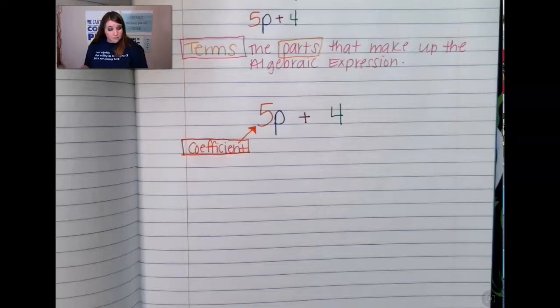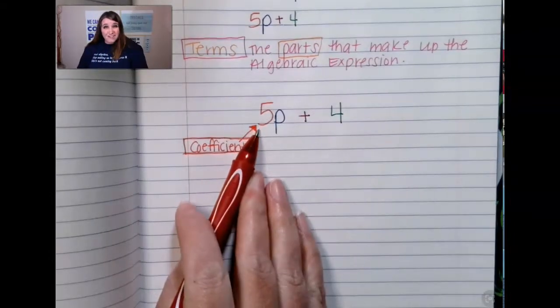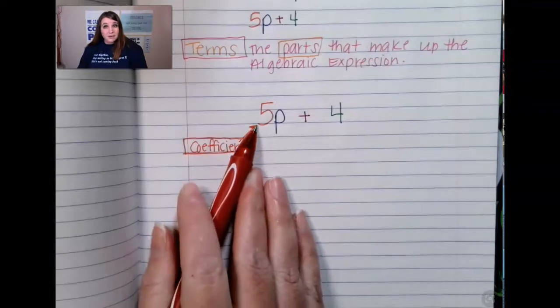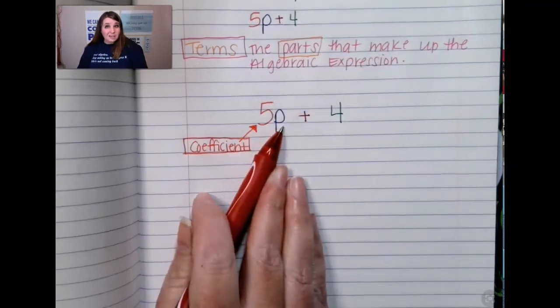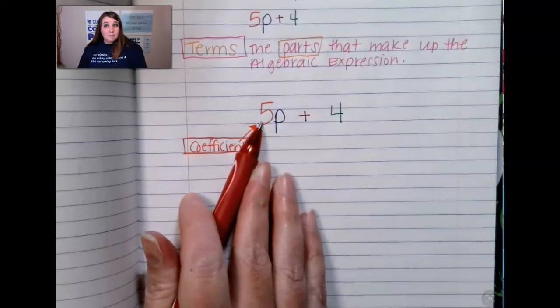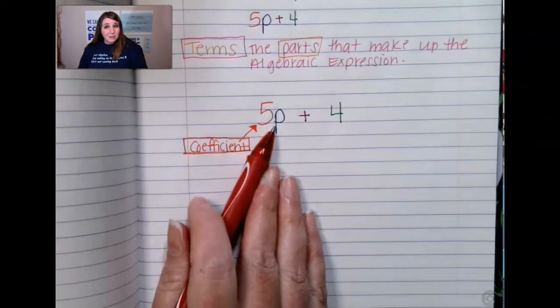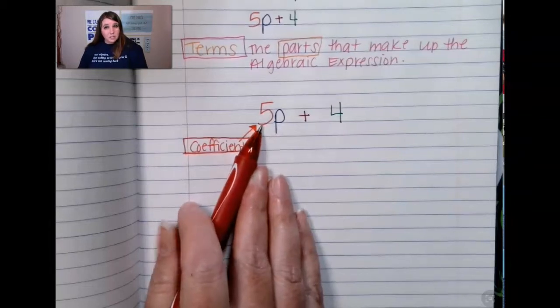So a coefficient is a number that isn't really a number. This 5 is not really a 5. It's an imposter. It's going to be a 5 if this P is a 1. That's the only time that this 5 will ever be a 5. Because this P is going to boss it around and tell it what to do.